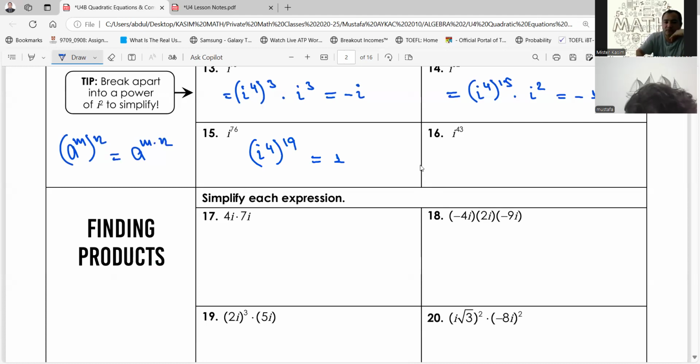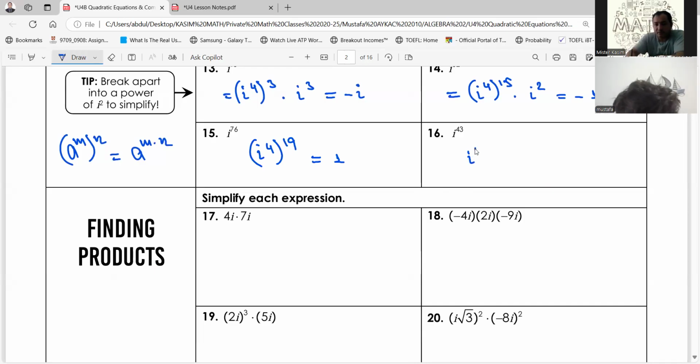And how about i to the power of 43? Do it real quickly. Negative i.